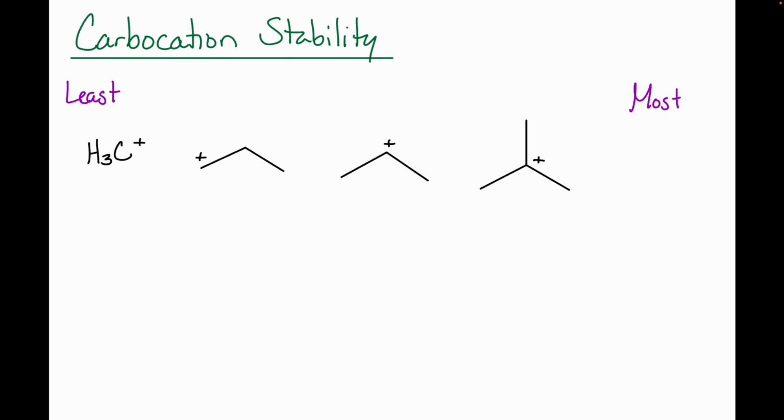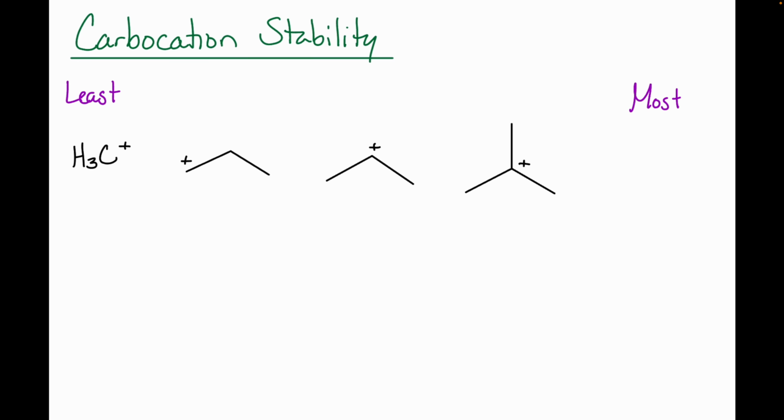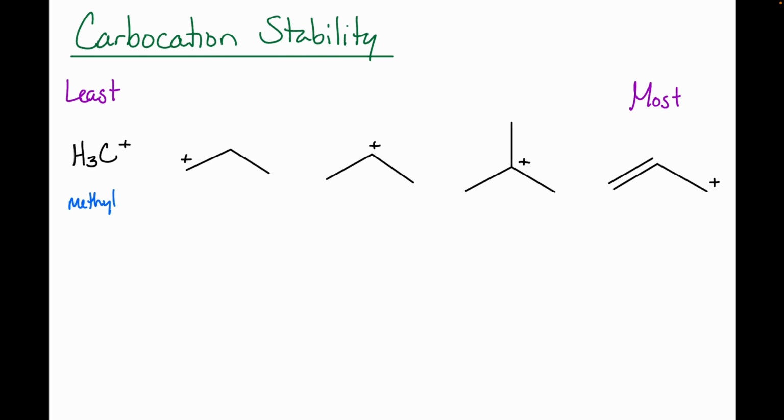But there's one more that we're going to add to this list here. And that is when that carbocation is sitting right next door to a pi bond. What do we call that position? The allylic position. So methyl, less stable than primary, less stable than secondary, then tertiary, and then lastly now we have these allylic carbocations that are even more stable.